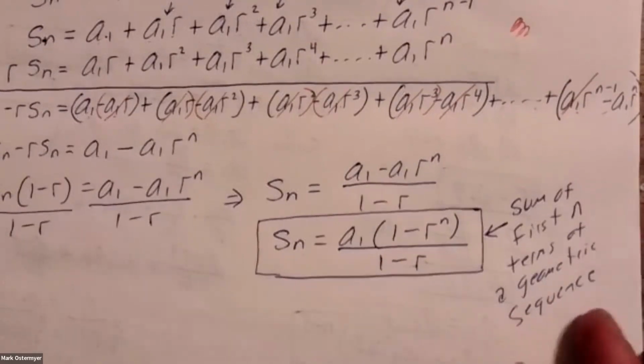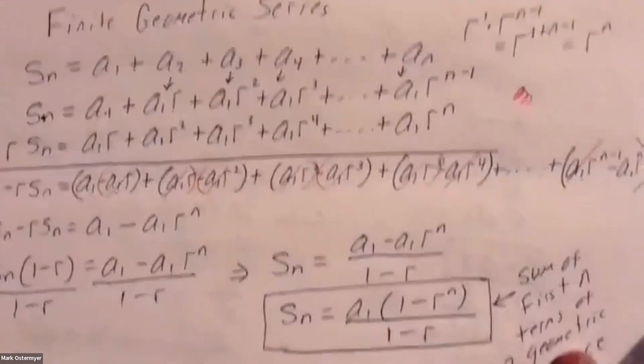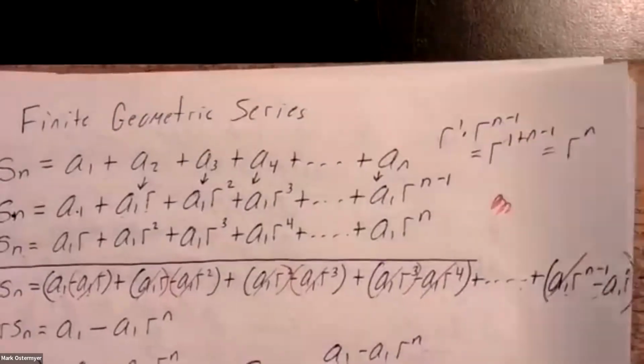And this derivation is also shown in your textbook. I tried to lay it out as best as possible. But they also show this in section 8.3. Well, let's see if we can use this formula.